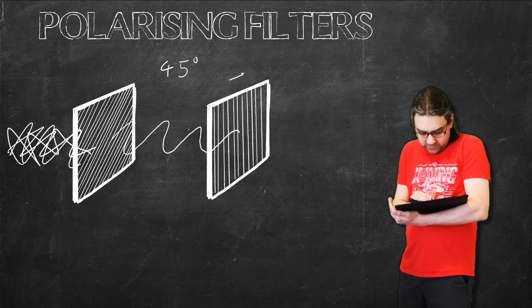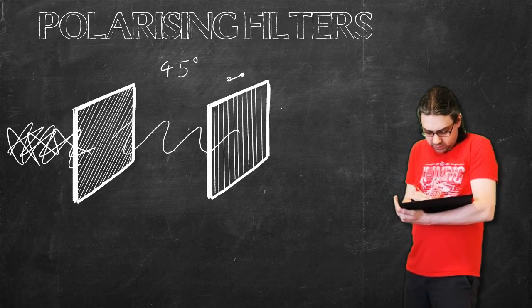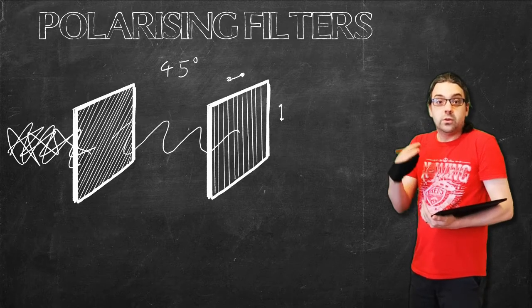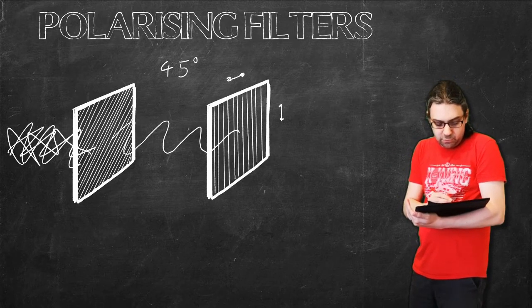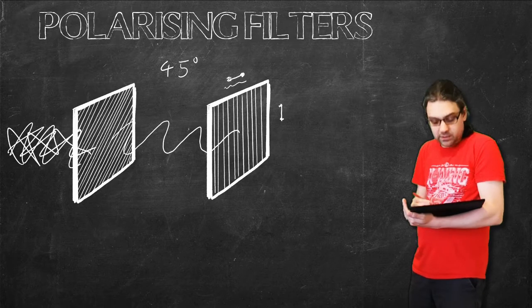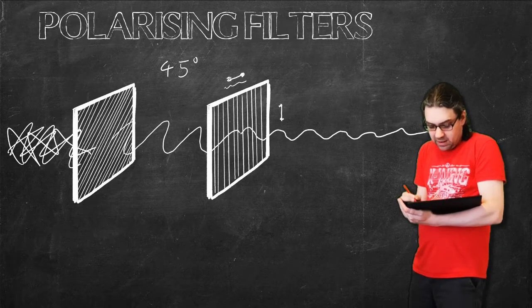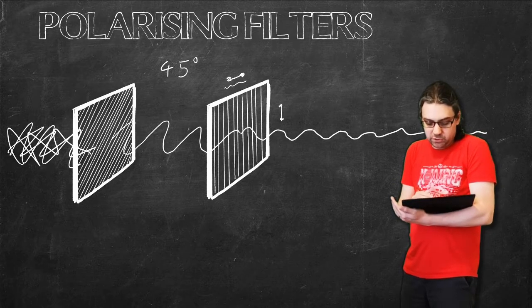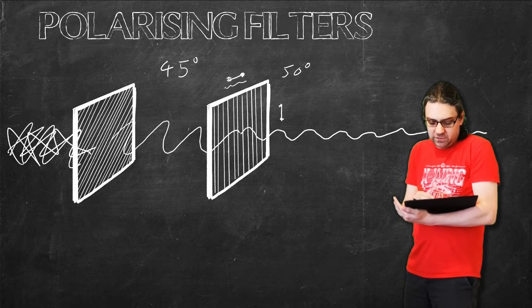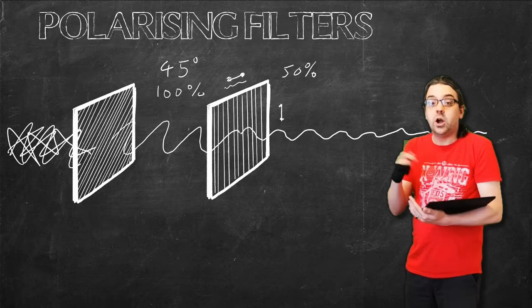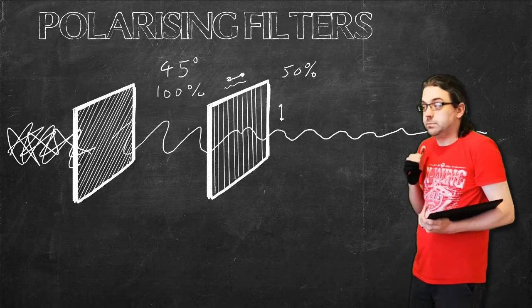Here, half the light is oscillating in that direction, half the light is oscillating in that direction. So this polarization filter is going to remove all of that light in that direction and leave us with just a small amount coming out here. And the light intensity has been reduced by about 50%. So here this is 100% intensity, only half the light makes it through that filter.